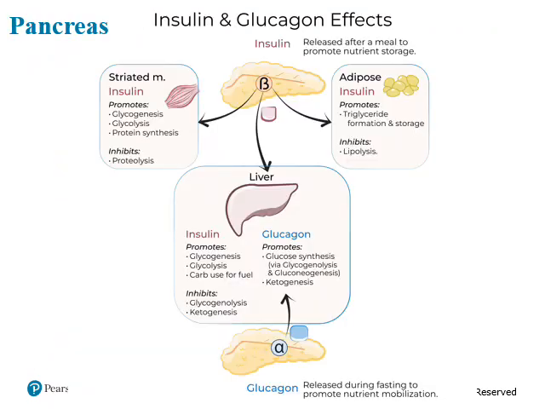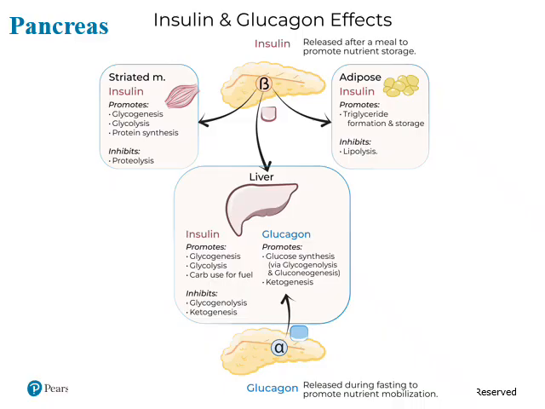So let's take a look at the differences between the two. Again, glucagon is extremely potent. It promotes glucose synthesis via glycogenolysis and gluconeogenesis. So glucose is going to be released into the bloodstream.